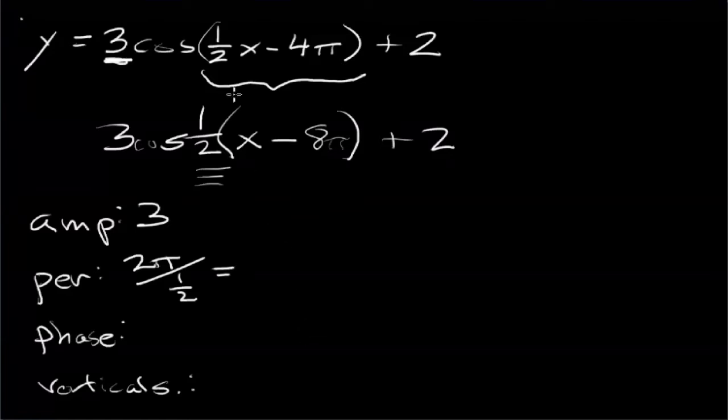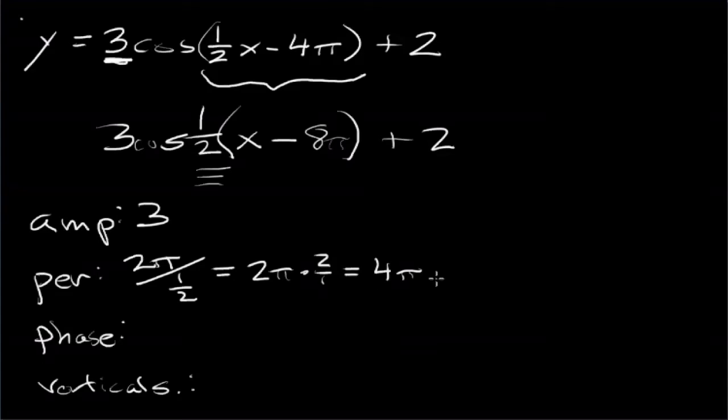Things inside the function do the reverse or the opposite of what you think they do. So instead of multiplying the period by 1/2, it actually divides the period by 1/2. And if you take 2 pi and divide it by 1/2, you can do copy, dot, flip. So 2 pi times 2 over 1. So then the period here is 4 pi over 1, or just 4 pi.